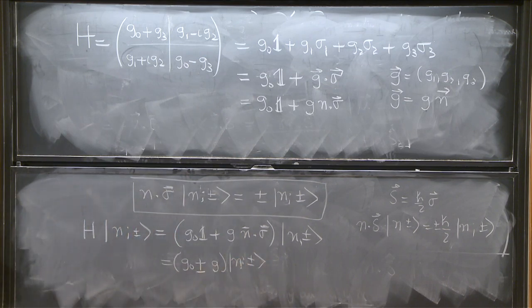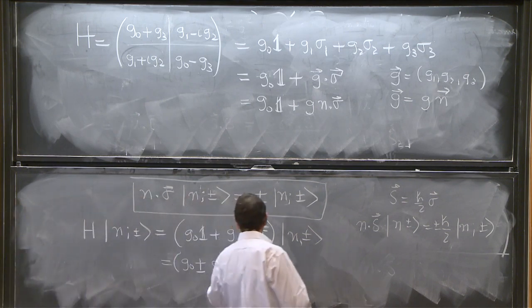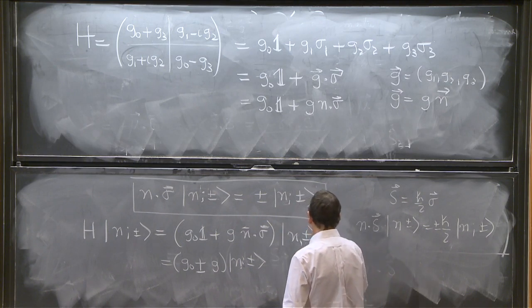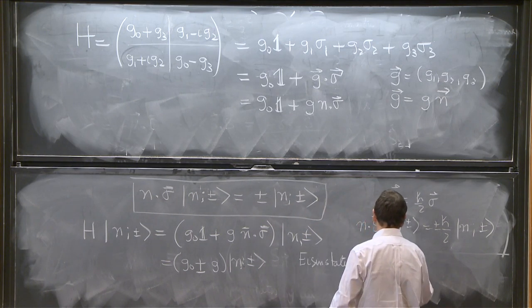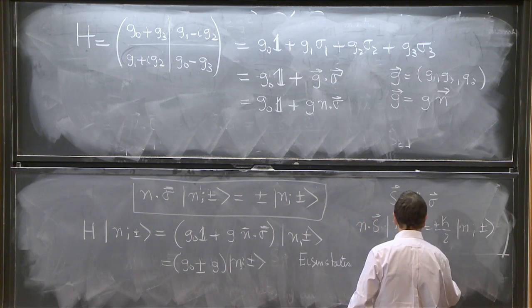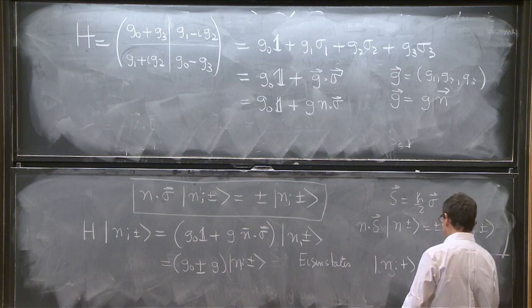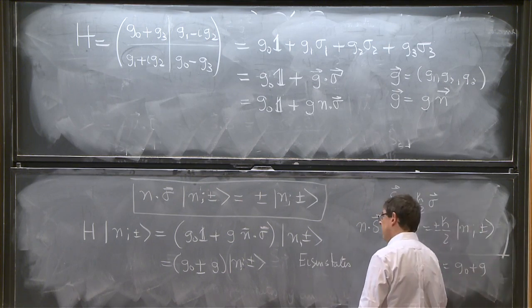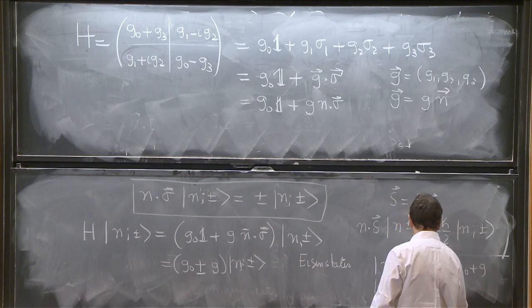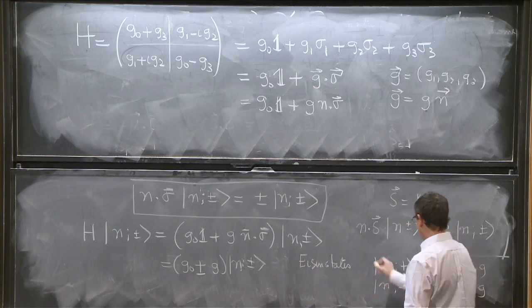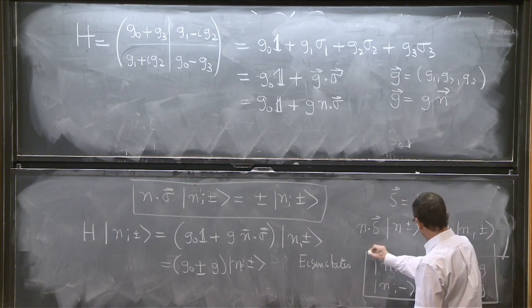So in fact, you have the energies and you have the eigenvectors. The eigenstates are n plus with energy equal to g naught plus g, and n minus with energy equal to g naught minus g.